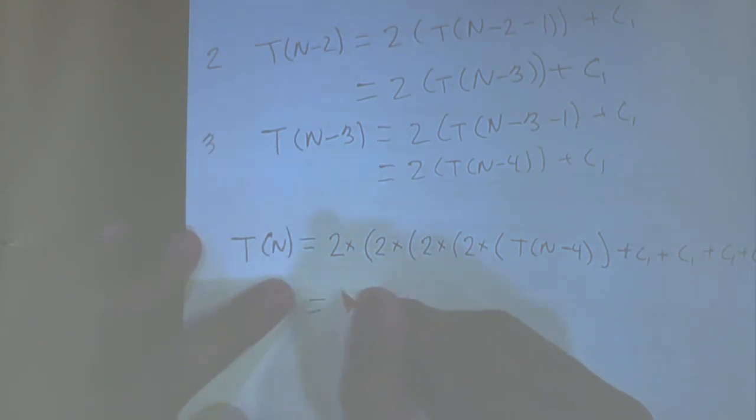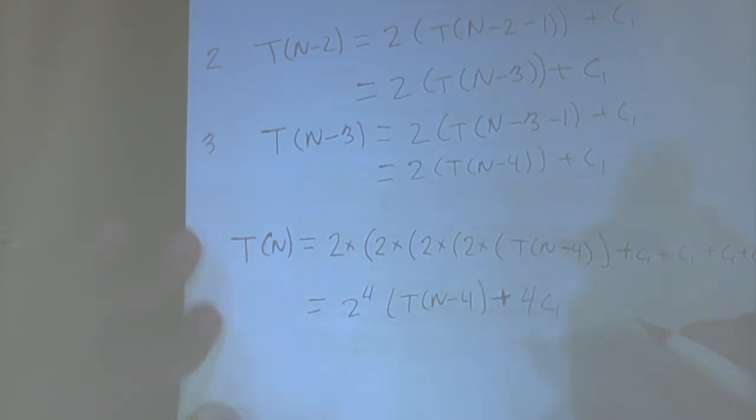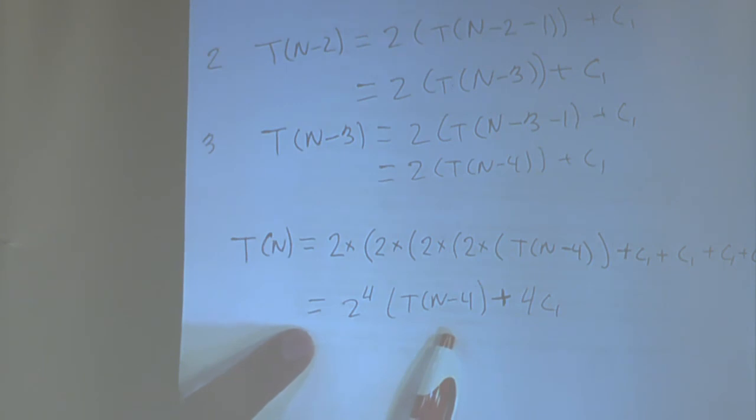We have 2 to the 4 times T of n minus 4 plus 4c1, okay? So this is if we've done 4 iterations of the initial equation.